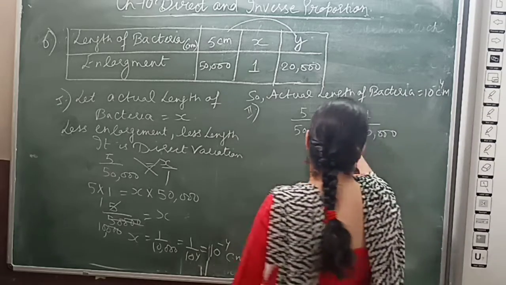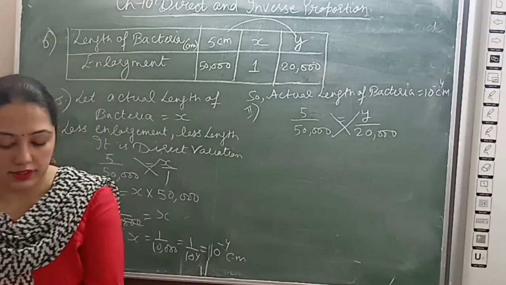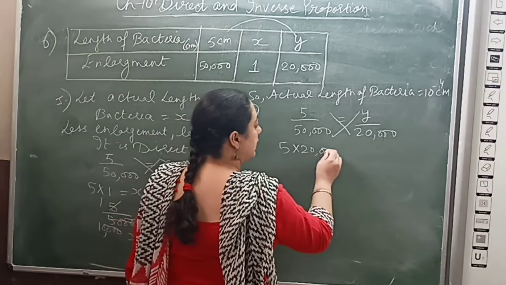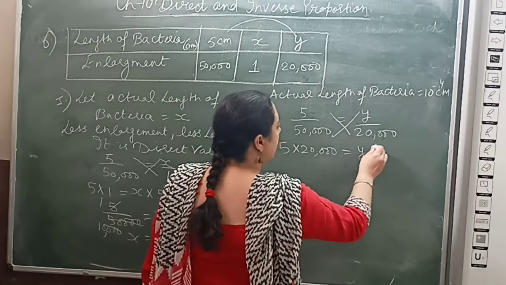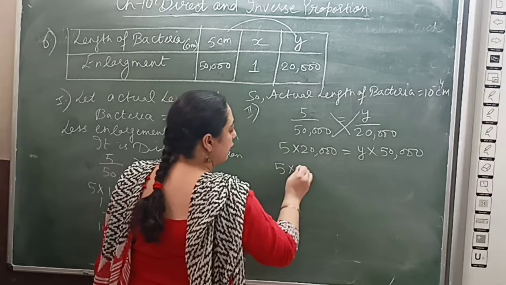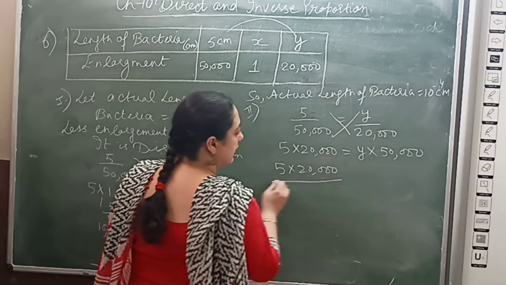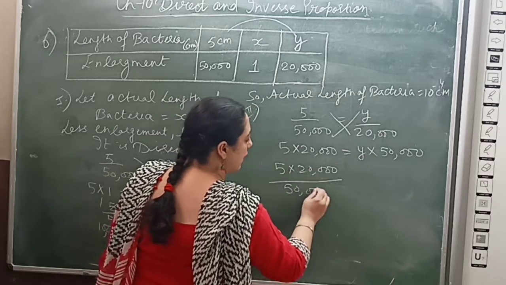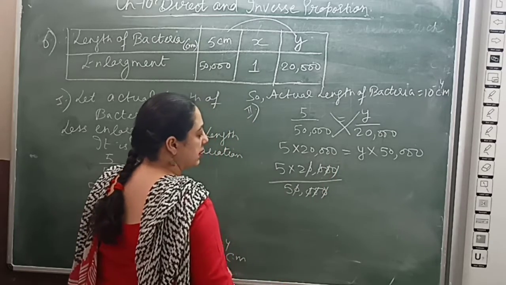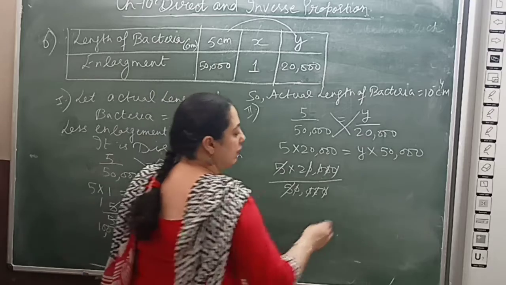Now, I have to find the value of y here by doing the cross multiply. 5 into 20,000 is y into 50,000. So 5 into 20,000 divided by 50,000. 1, 2, 3, 4 zeros cancel out with each other. 5 cancels with the 5.